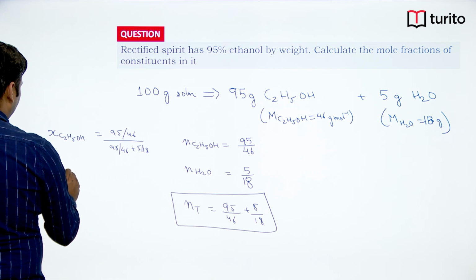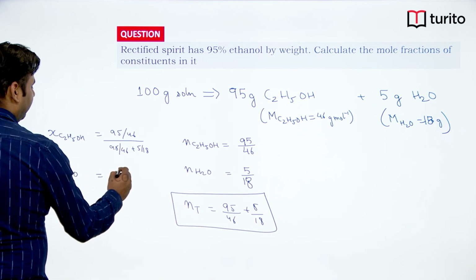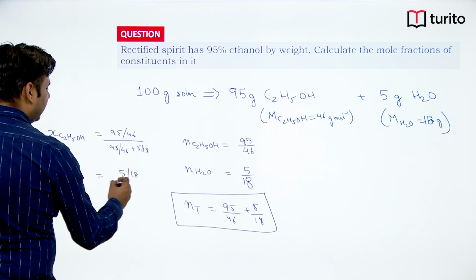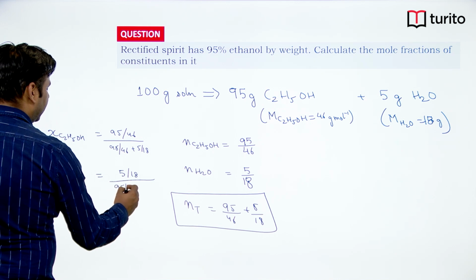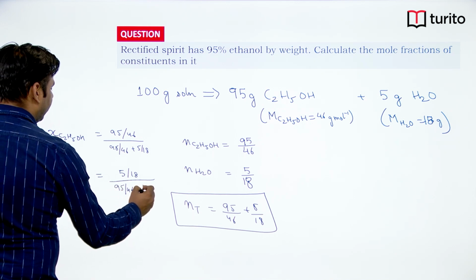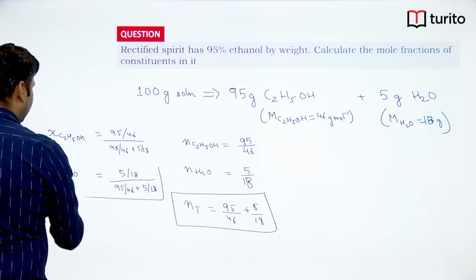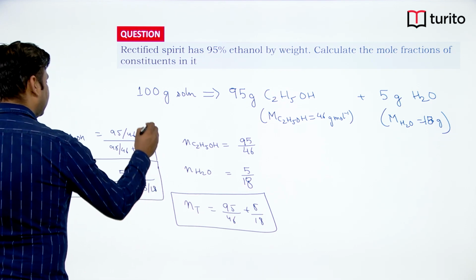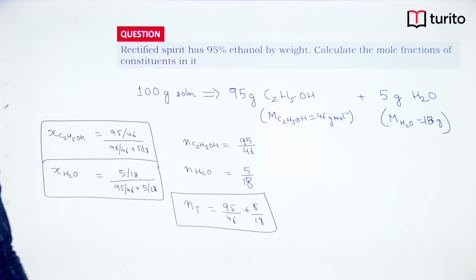Similarly, the mole fraction of water would be 5 by 18 divided by 95 by 46 plus 5 by 18. Okay, so this is the way to calculate. I hope this is easily understood by you. They are basically simple arithmetic calculations.